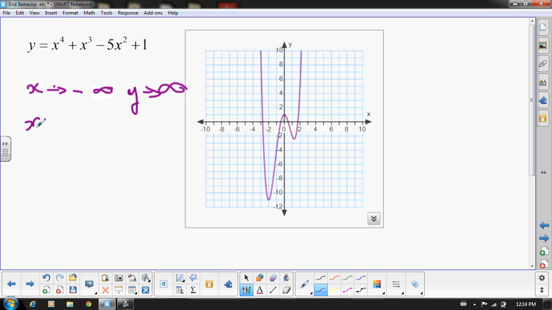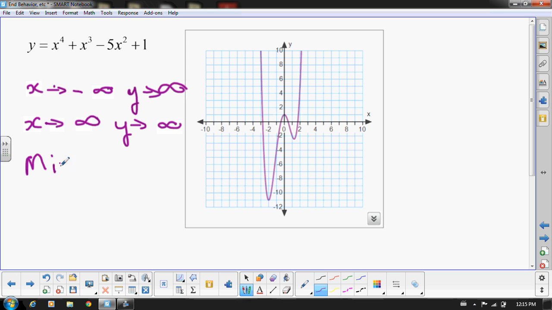Then as x approaches positive infinity, y is going to approach positive infinity as well. Since both ends are going to positive infinity, this tells us that there has to be a minimum value.